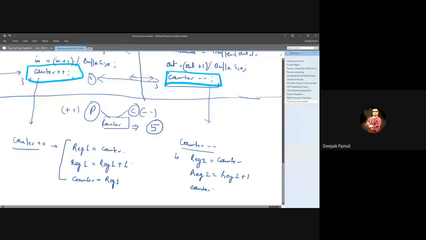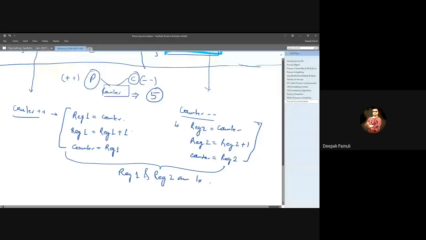Now register 2 equals register 2 minus 1, and lastly counter equals register number 2. So these three statements will be executed for the single counter minus minus statement, and similarly for counter plus plus.